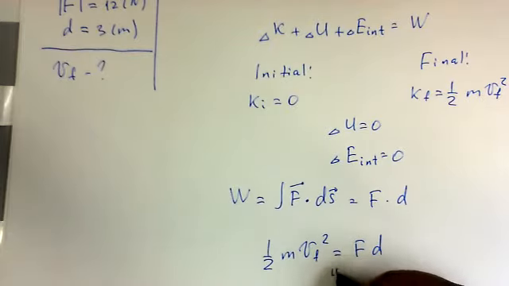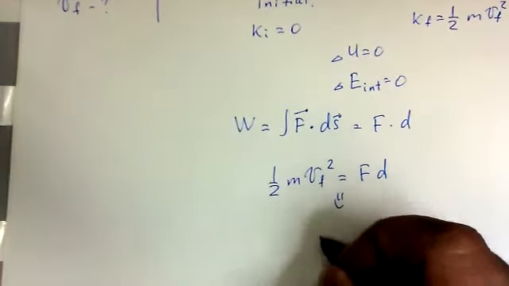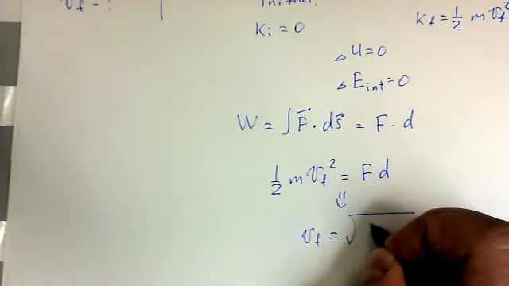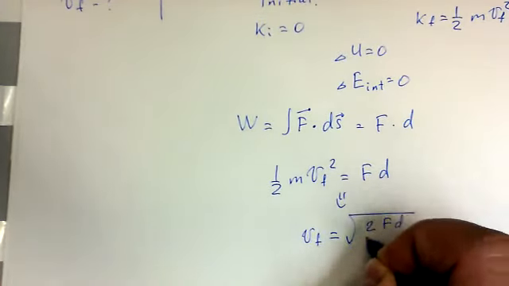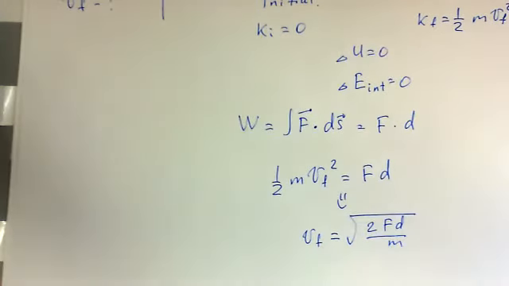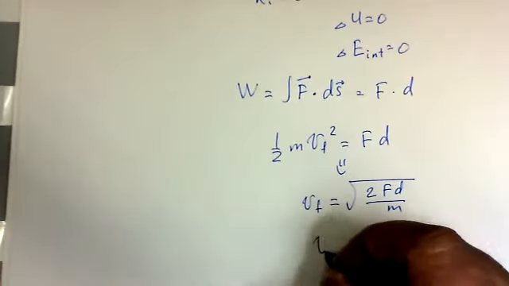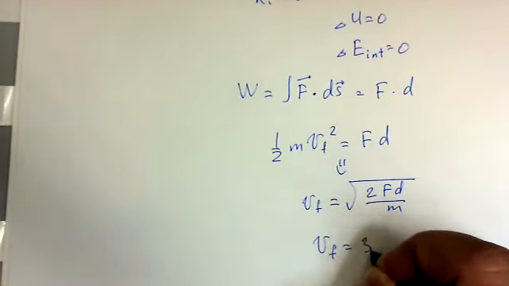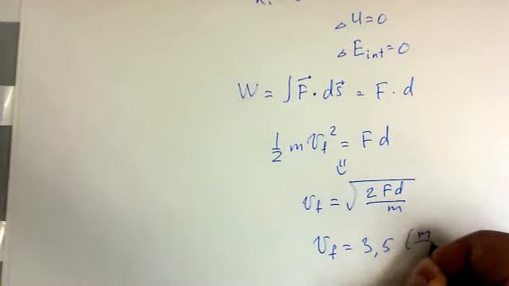Agree? From that, we can find the final speed of the object. It is equal to the square root of 2Fd over the mass. And the numerical value, when you use all the given information from the given box, is 3.5 meters per second.